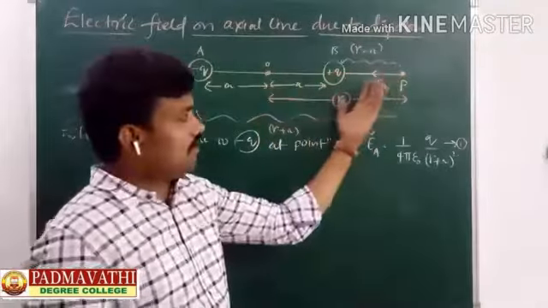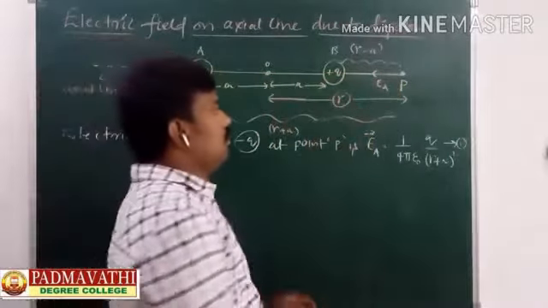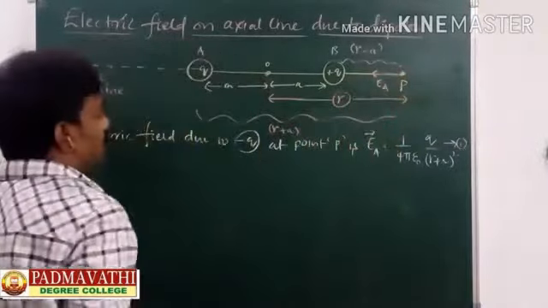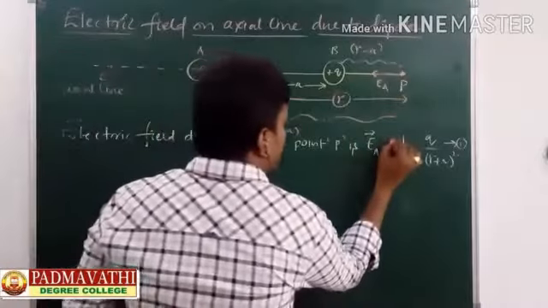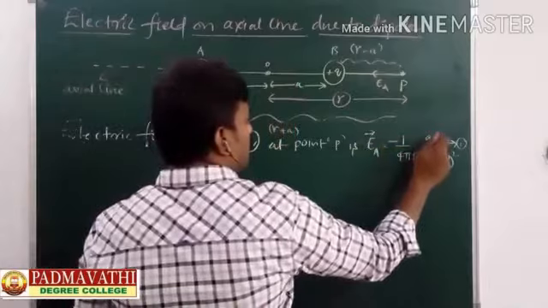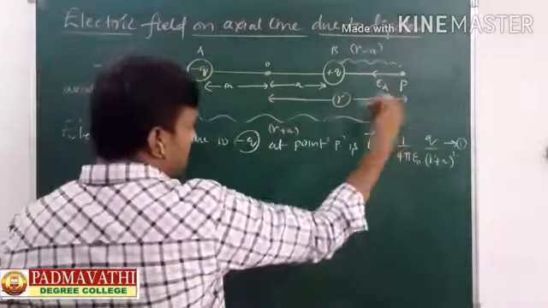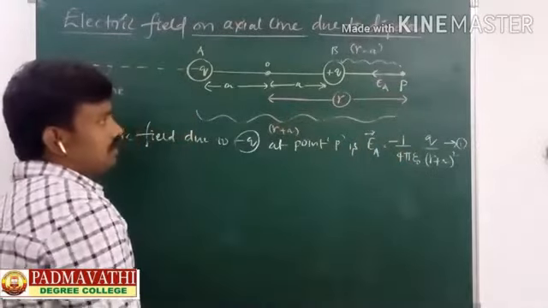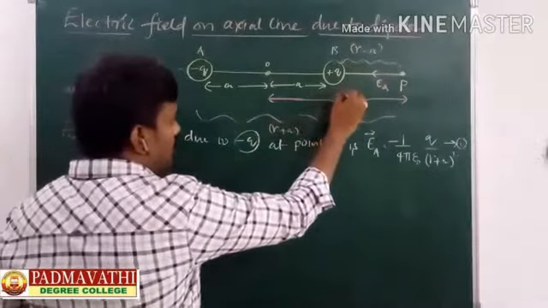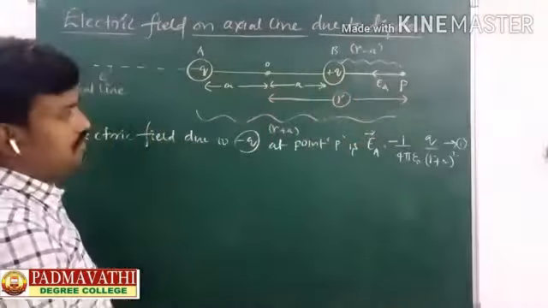Because the electric field is always towards minus Q. So as it is opposite to the direction of r bar, I am going to write it as minus 1 by 4 pi epsilon naught, Q by (r plus a) whole square. This minus sign indicates that it is in the opposite direction, that means opposite to r bar. If this is the distance r bar here, we can write it as minus.